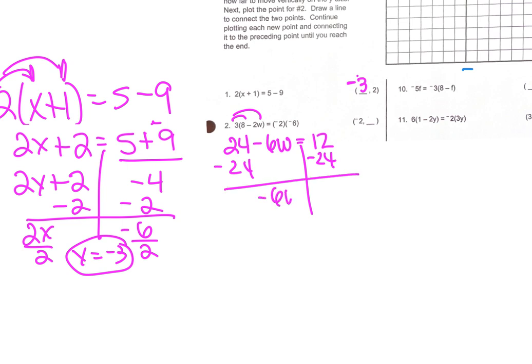That leaves me a negative 6w, because that minus goes with that term. And 12 minus 24, or keep change opposite, would make it a negative 12 when we combine those. We would divide by what's in front of w, which is a negative, so w would equal 2. So I'll fill in that missing coordinate with a 2 this time.